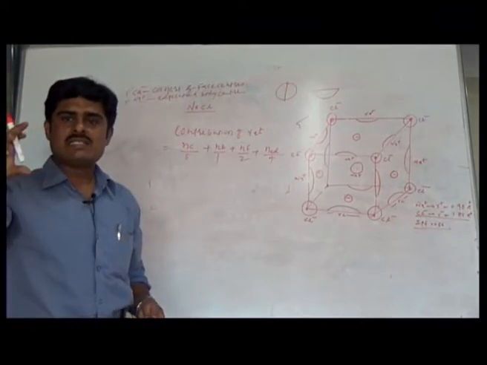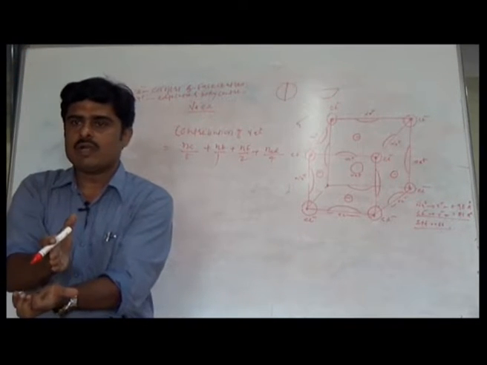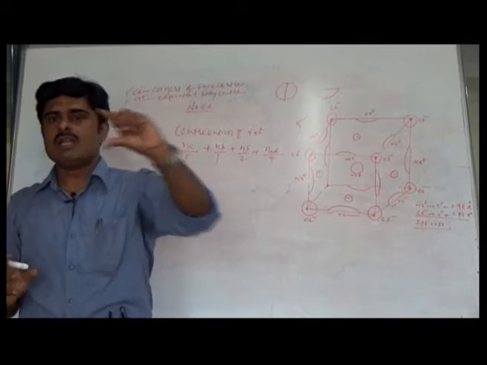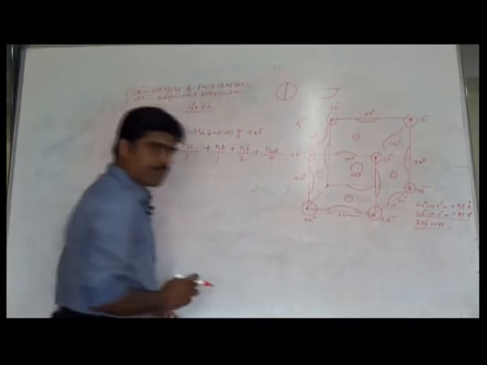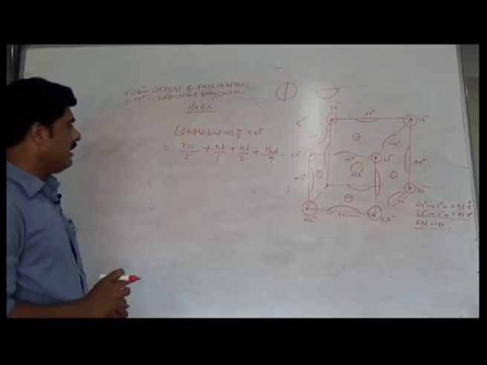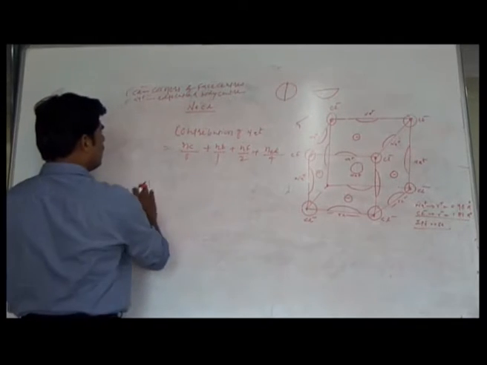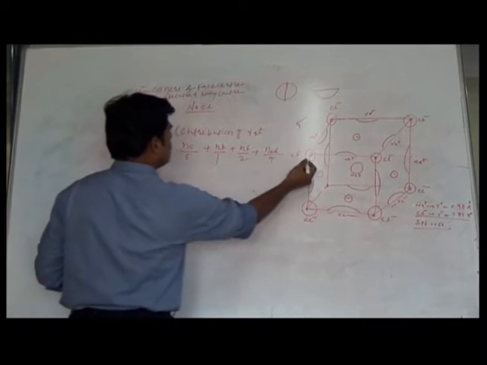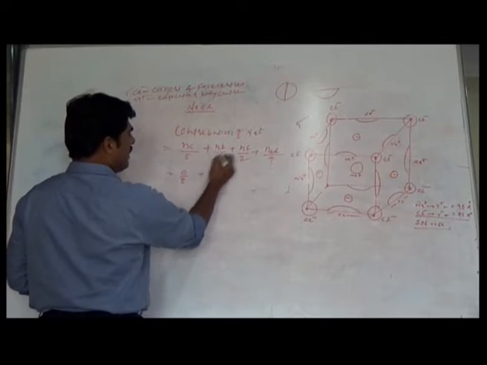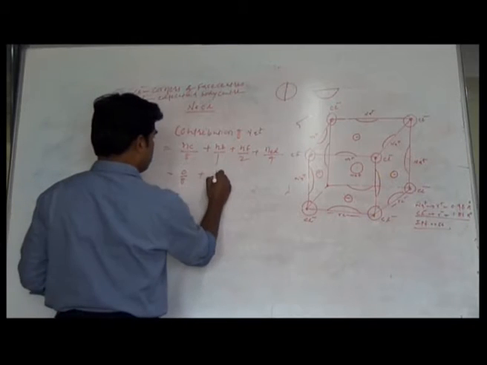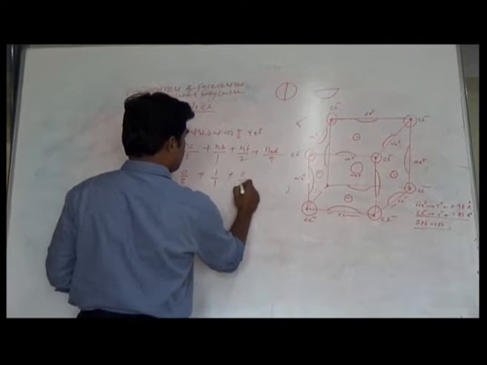So it is like taking a horizontal cut and then a vertical cut of the same apple. Whatever you find will be the 1/4 part of it. So that is the contribution for Na plus. Corners do not belong to Na, so it is 0 by 8. Body center does belong to Na plus, so it is 1 by 1. Face centers do not belong to Na plus, so it is 0 by 2.